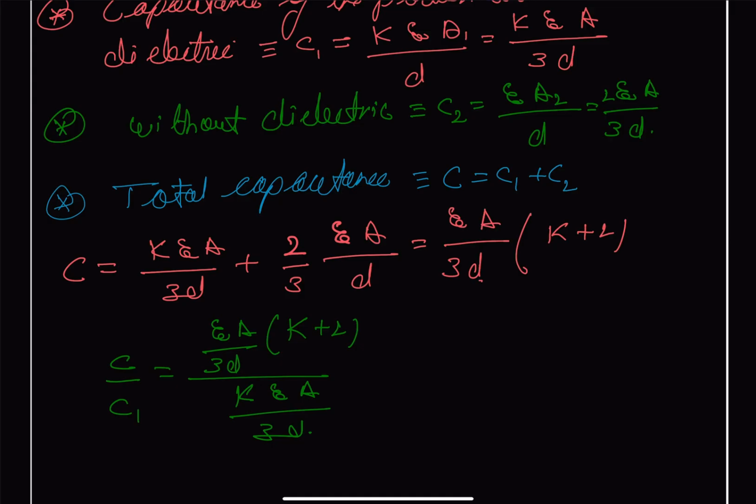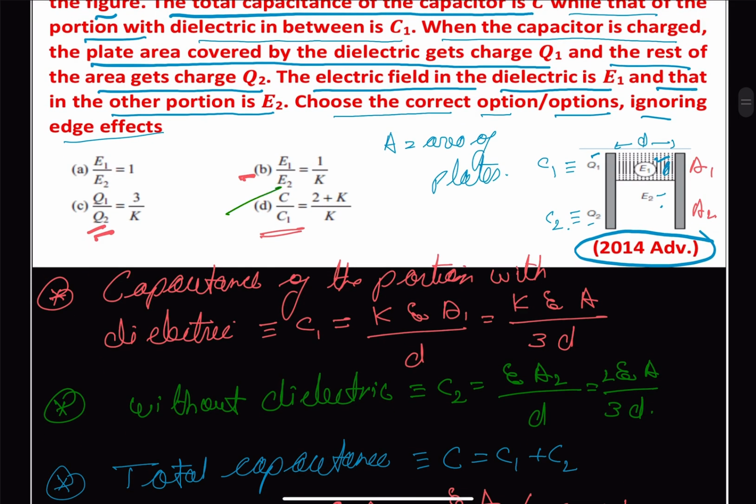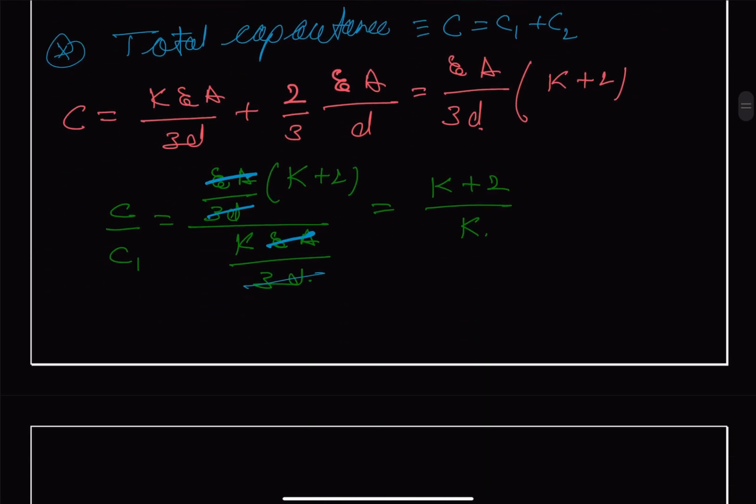So epsilon naught A upon 3D cancels out, and this comes as K plus 2 divided by K. So option D is correct.